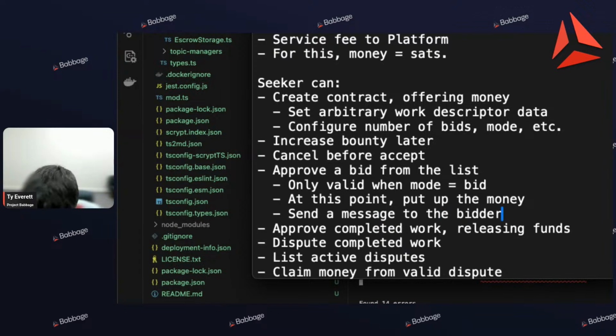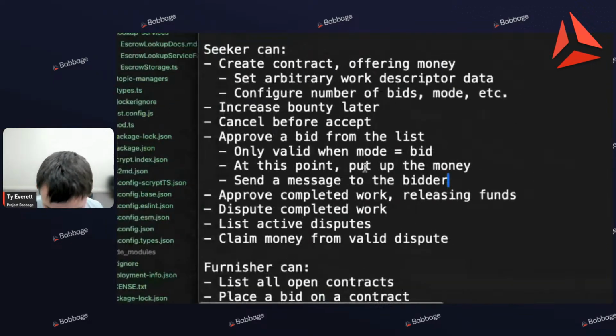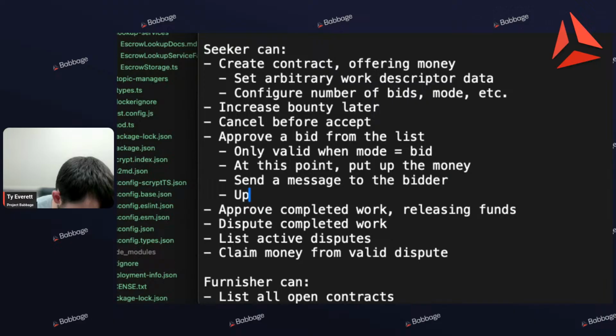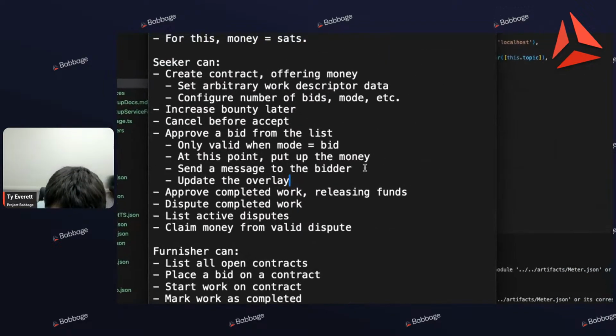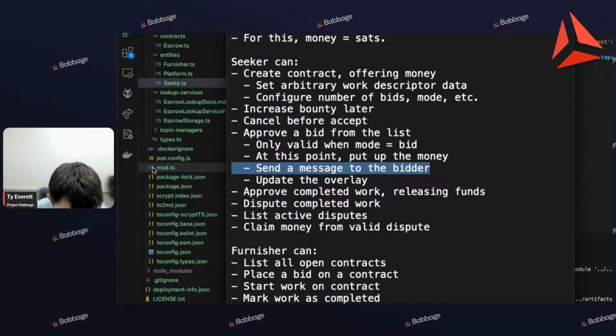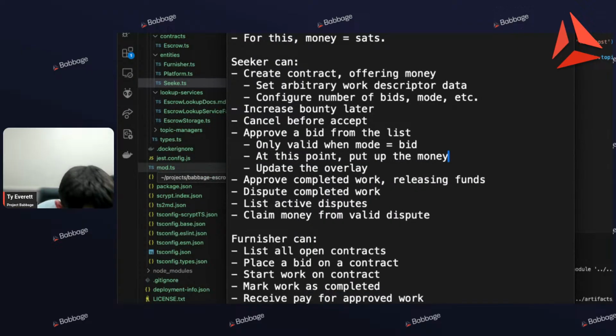Bidder. Do I send a message to the bidder? Yeah, I do. And I also update the overlay. Now, do I use messaging at all here, or do I just use the overlay? Maybe I should just use the overlay for everything. Might be simpler for the beginning, and then we can figure out more scalable, peer-to-peer direct interactions where necessary in the future, but I can get everything off the overlay as a bidder, so that's fine.